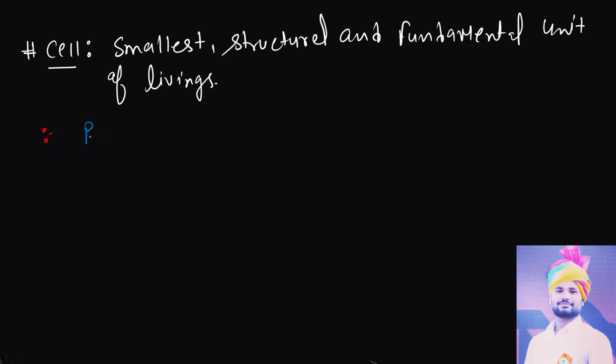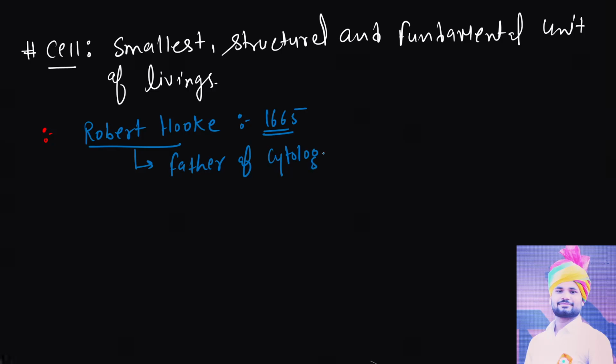Robert Hooke discovered the cell, but the cell he observed was dead, because it was from the cork of the plant, in 1665. Therefore he is called the father of cytology. So that is the definition of cell.